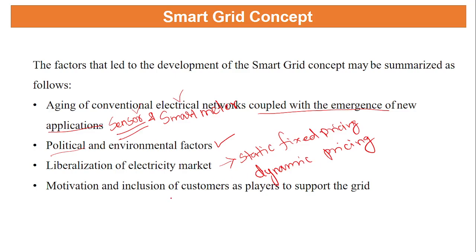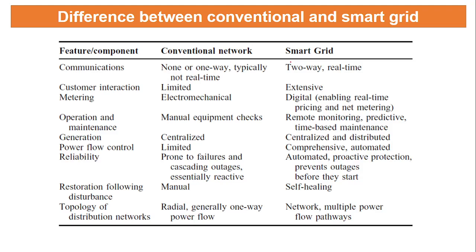And again, it will increase the motivation and inclusion of consumers as players in the smart grid. As players, it means that more entrepreneurs will enter the market, they can generate renewable energy, directly integrate it into the grid, and supply power to the government as well as through private channels. So this is the reason behind moving from the conventional grid to the smart grid.